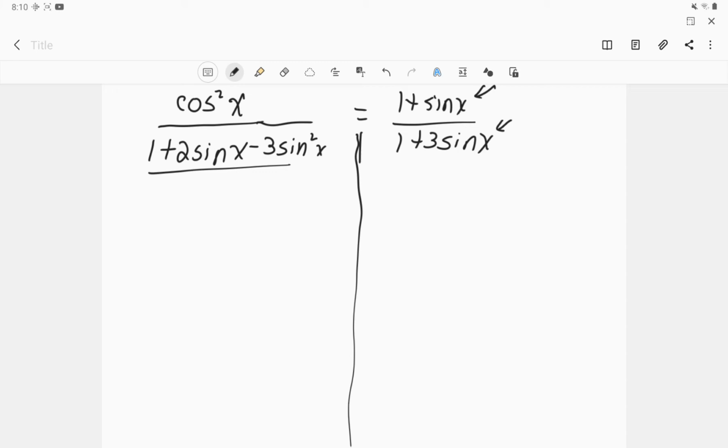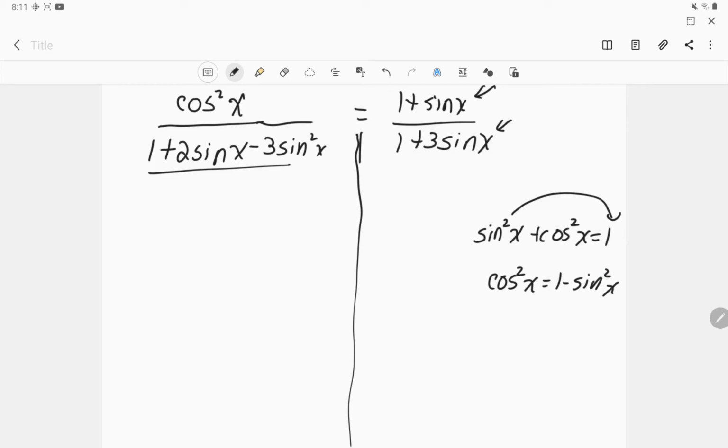Now, how am I going to change sine into cos? The only thing that I can think of where I could somehow do that is that I have this identity sine squared x plus cos squared x equals 1. And if I bring my sine squared over here, I have cos squared x equals 1 minus sine squared.